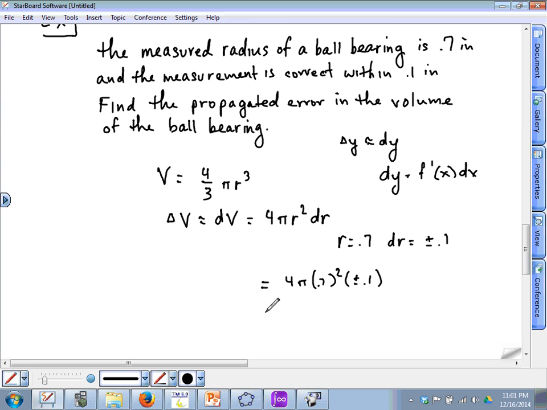So if we were to plug that into a calculator, it's approximately plus or minus 0.06158.